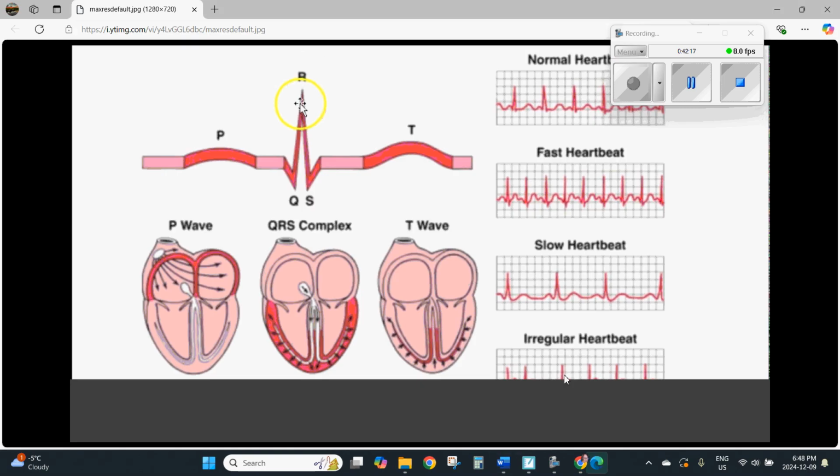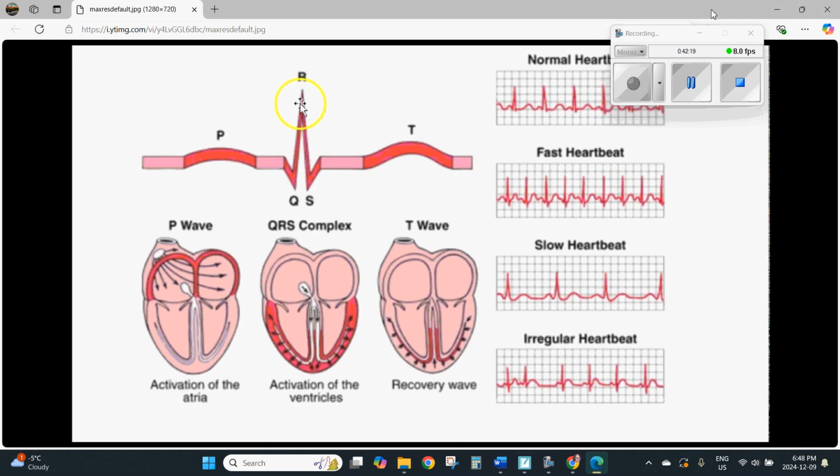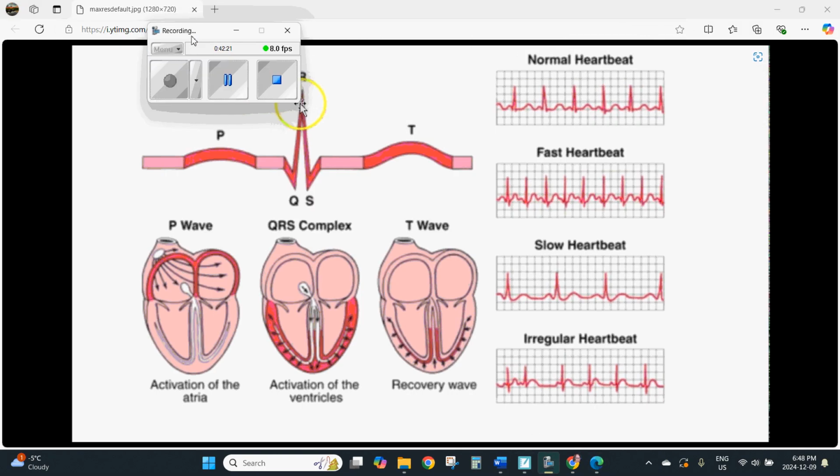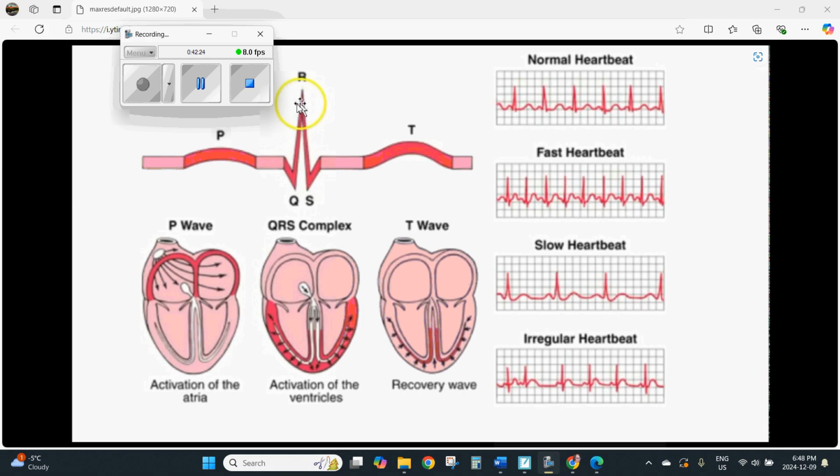Now these pictures of the EKGs here, I have a fantastic diagram showing you a bunch of different heartbeats. So here you have your normal heartbeat. You notice how it's very neatly spaced between your QRS complexes. That is showing you that it is a normal heartbeat. A fast heartbeat, for example tachycardia, is when your QRS complexes are squished together.